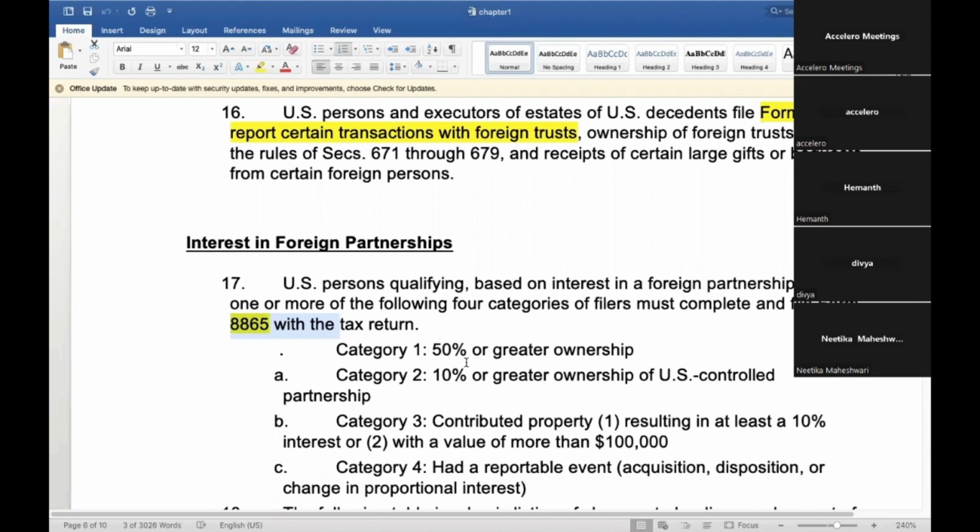It doesn't matter if they're a sleeping partner or an active partner. As long as they have a partnership interest, either in their name or in the name of any dependents reported on the US tax return, could be their parents, children, or a spouse, we always have to check if 8865 is applicable.